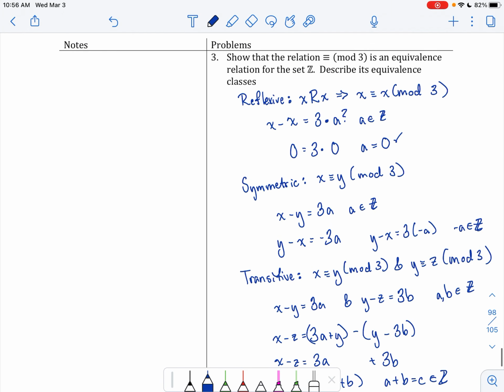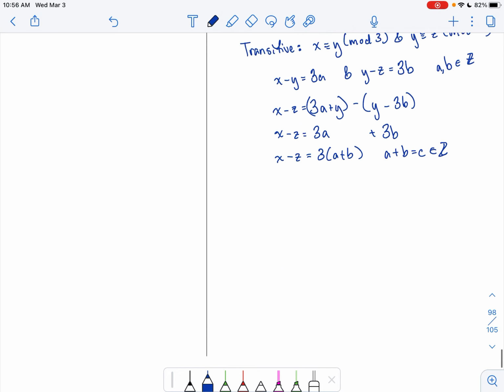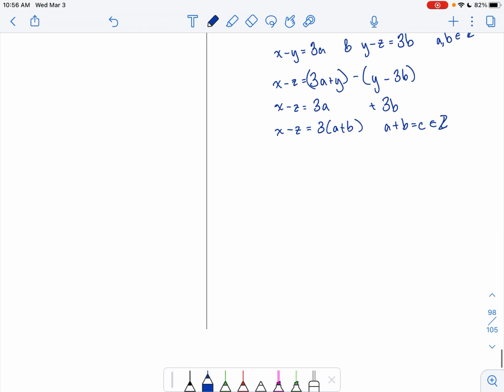Now, it also asks you to describe the equivalence classes. So with the equivalence class, when we're talking about mod, what I think about, and this is going to be true all along, is that we're going to start with our first set 0. So that's asking for everything in the integers where x is equivalent to 0 in mod 3.